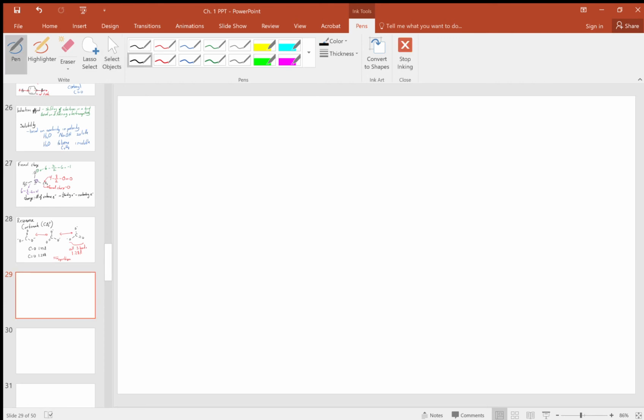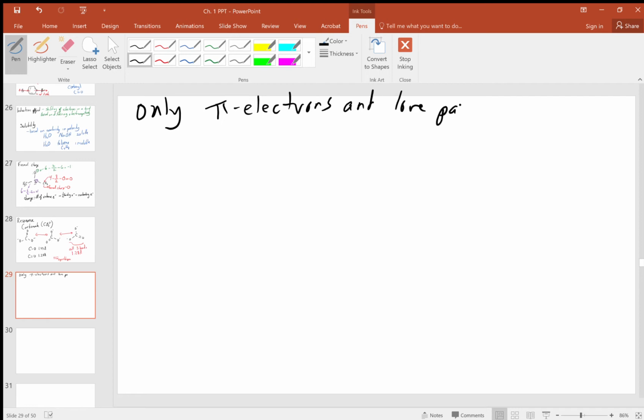So how do we draw resonance structures? What are the guidelines? First thing, and probably the most important, is only pi electrons and lone pairs can move. So you cannot break or form sigma bonds.